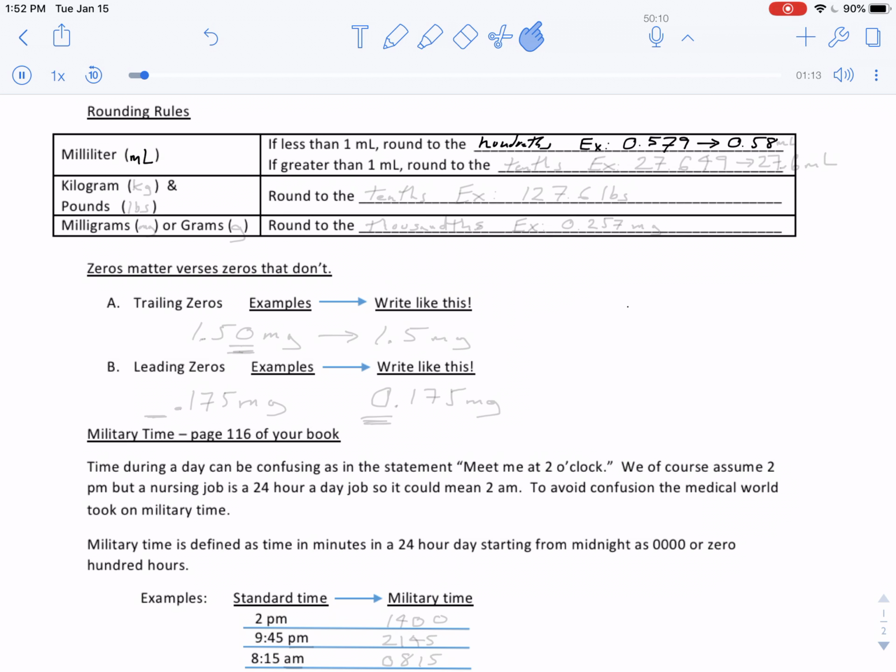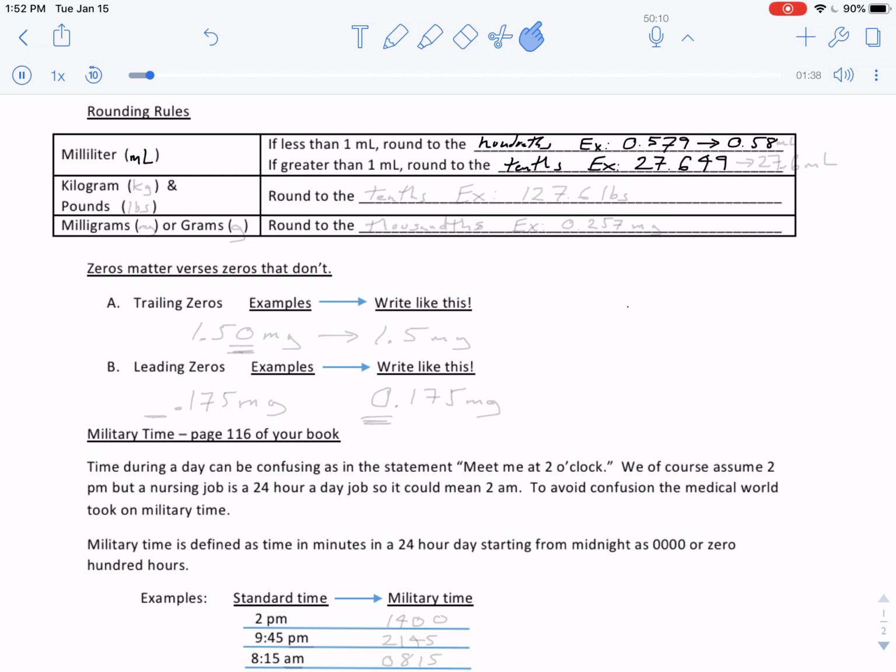Okay. So if greater than 1 milliliter, we round to the tenths. So an example would be, let's say we did some math and we got 27.649.